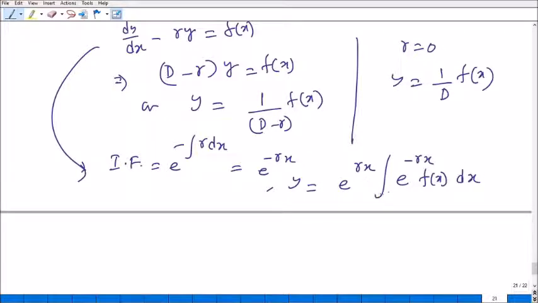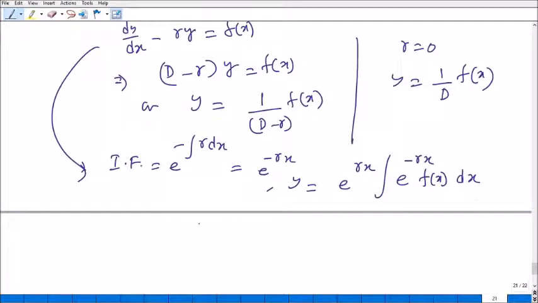This is a simple calculation, and we are not writing all the steps. If you multiply both sides of this equation by the integrating factor e^(-rx), the left hand side is simply d/dx of y e^(-rx), and the right hand side is e^(-rx) f(x). So y equal to e^(rx) integral of e^(-rx) f(x) dx.